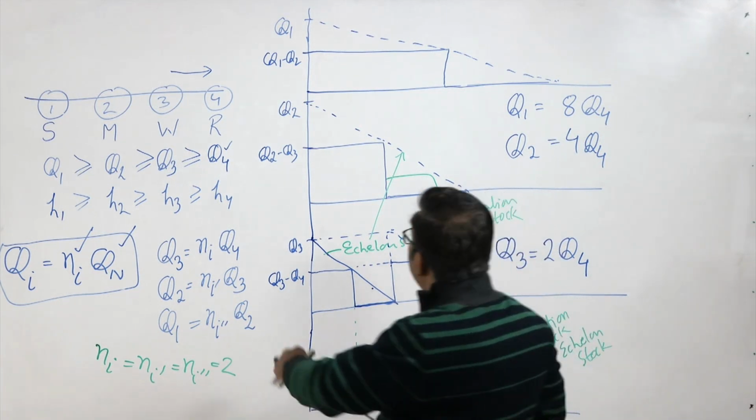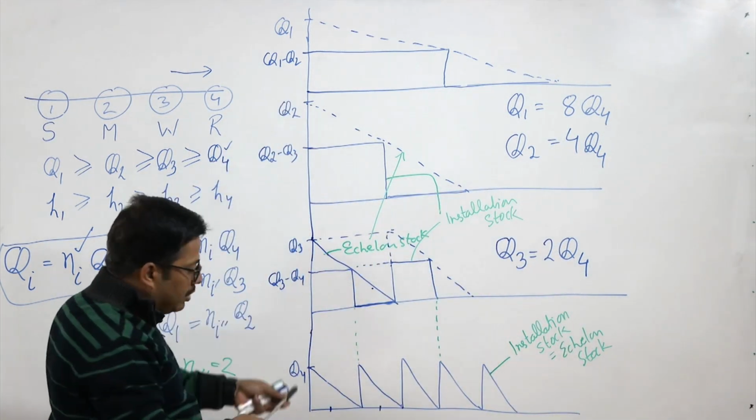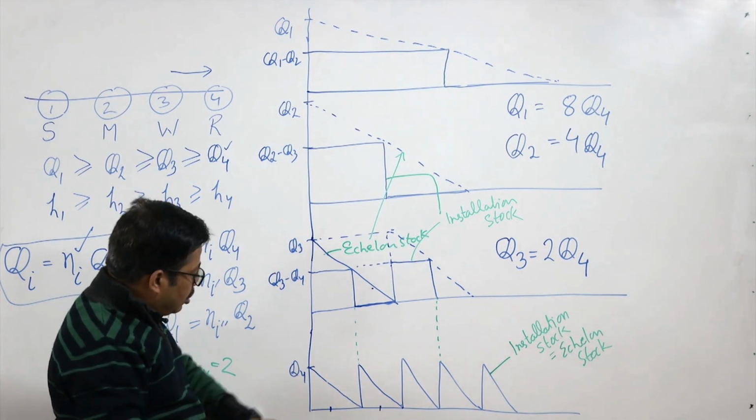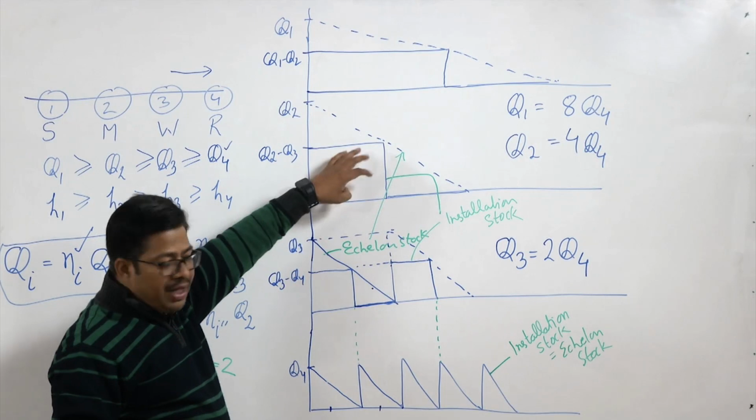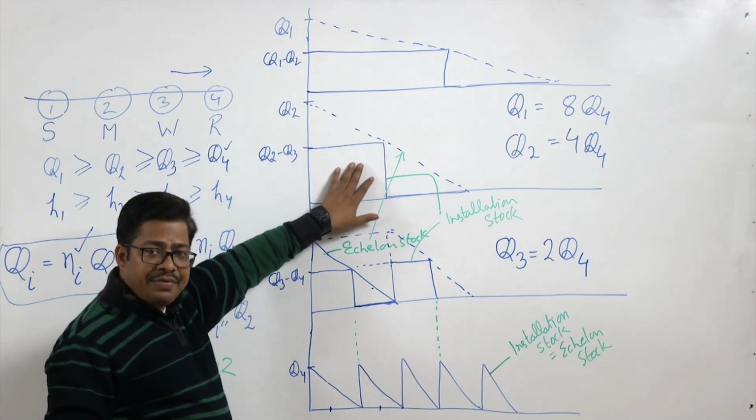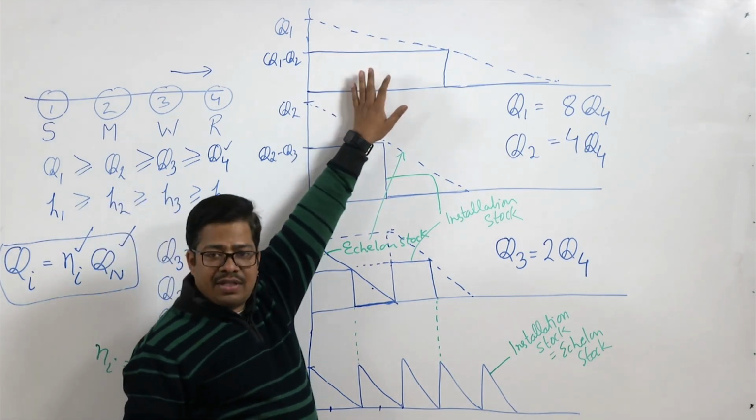You have the same starting date of all the cycles, and 2 cycles of this will make 1 cycle of stage 2, and 2 cycles of stage 2 will make 1 cycle of stage 1.